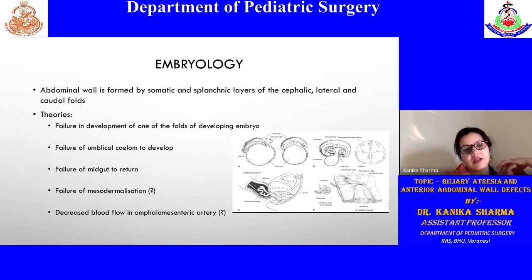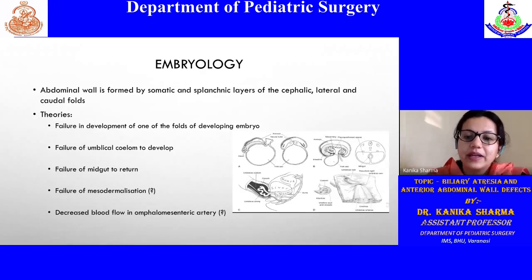So what happens? The abdominal wall is formed by the somatic and splanchnic layers of 3 folds: cephalic, which comes from the superior part of the fetal development; lateral, the two folds that come from the sides; and caudal, which comes from the inferior or distal part of the fetus.